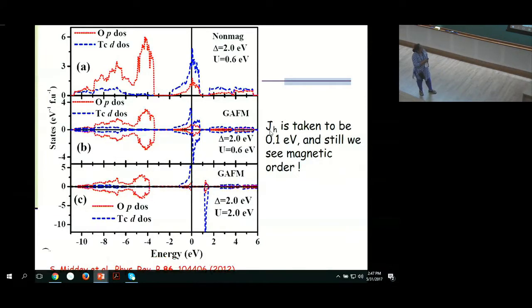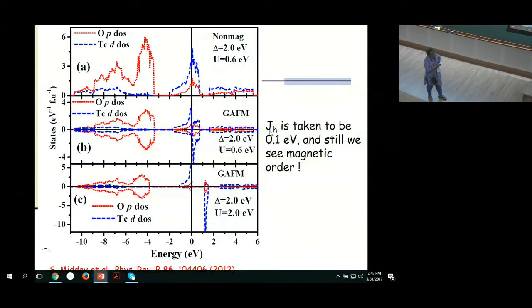Within the model, we calculated the density of states, and with a very small value of U we were able to stabilize an antiferromagnetic ground state in this material. This is, of course, because you're at half filling of the t2g band, so it's nesting dominated.